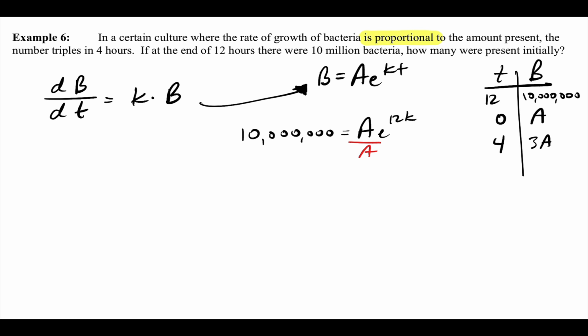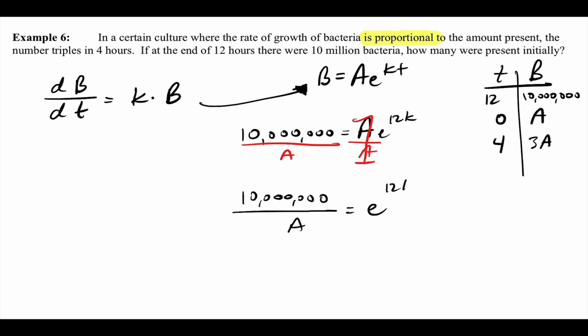So I could divide by A, but it ain't going to help. Then it would be the natural log of 10 million over A equals 12K, divide by 12, but I don't know A. So the first thing I need to do is find A.